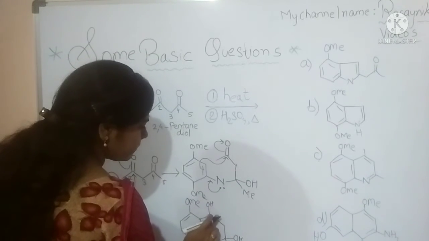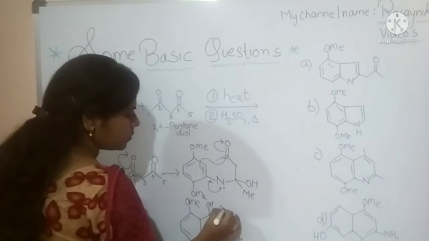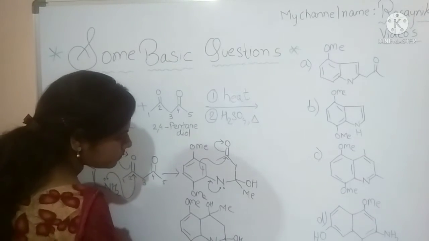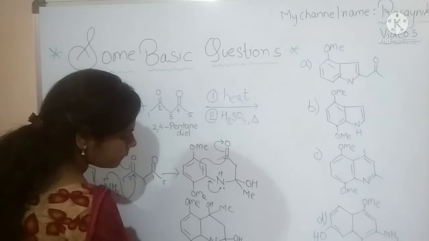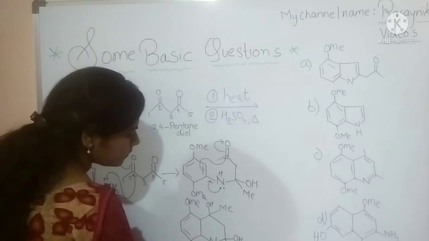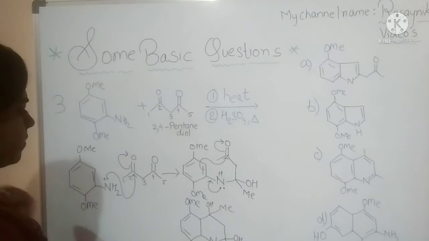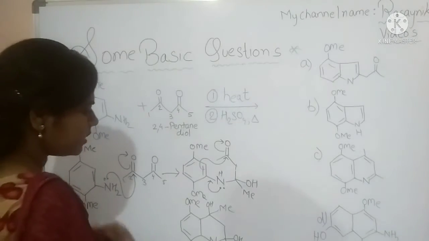Okay, this OH is present here, and this methyl. Okay, and here hydrogen remains, and here hydrogen remains. Okay, so now this is the next step that we have done here.